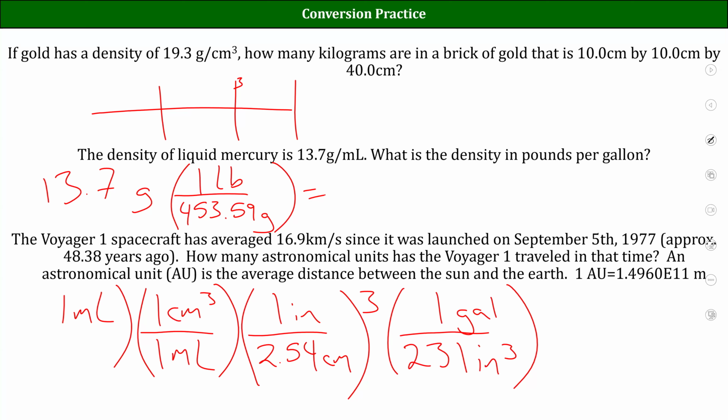Then again, like I said, I've been correcting this problem all weekend, but I think I used different sig figs for it. So it might not be 115 for us. 114. Pounds over gallons. We're not going to keep all of those sig figs though. We've got 3 sig figs here, so our answer can only have 3 sig figs.